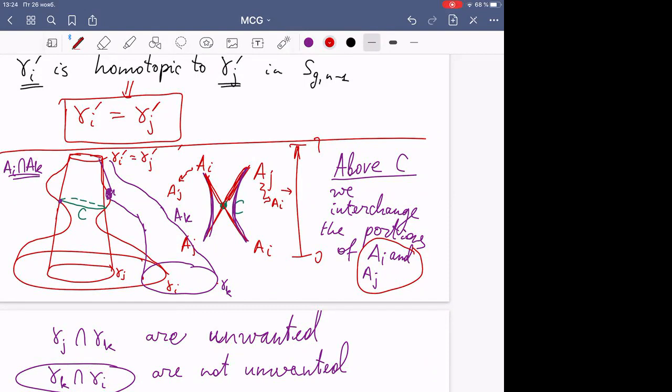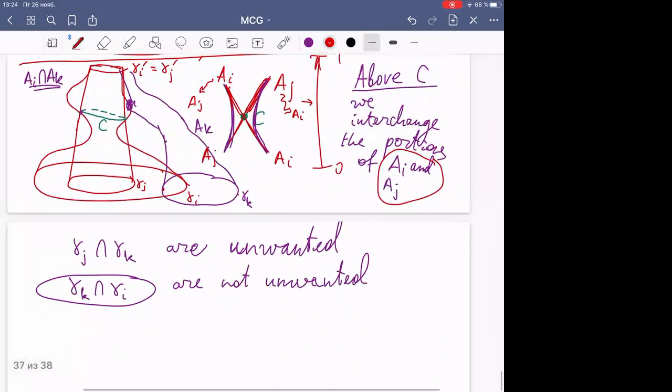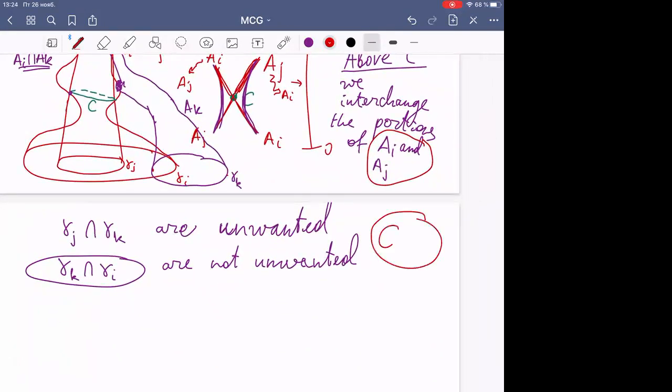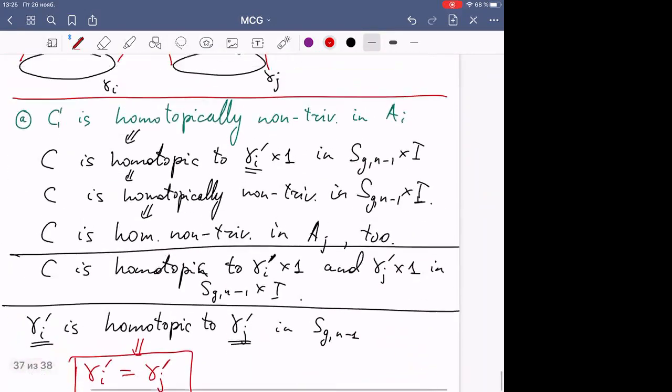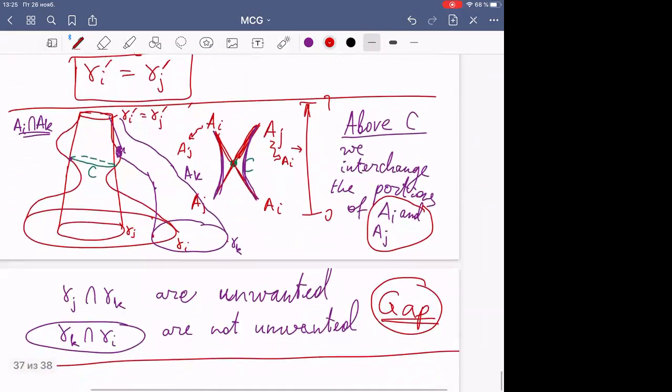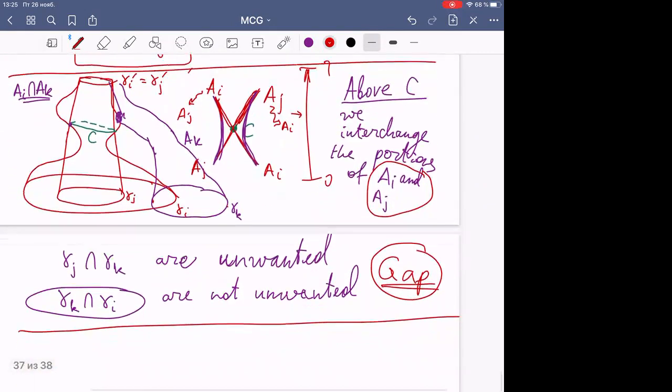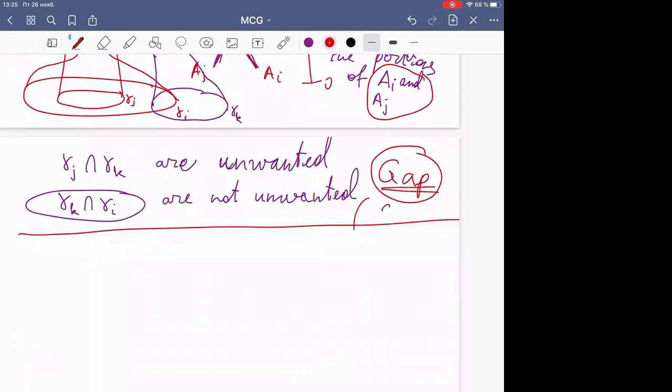Well, I proceed. Here there is a gap, as far as I understand, and I will try to fill it till the next time. You may also think about how it is possible.